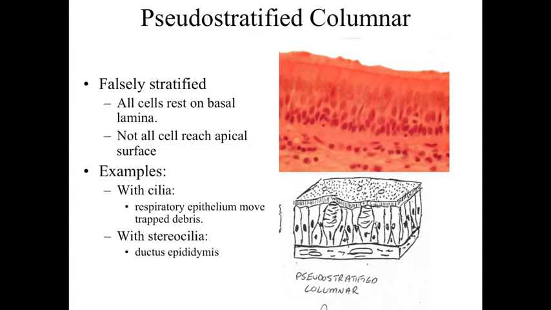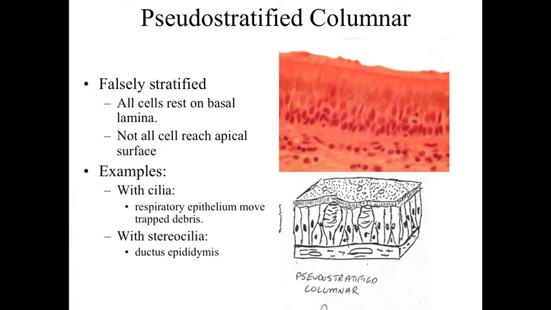The next one we're going to look at is the pseudostratified columnar epithelia. So if we think about it, pseudostratified, falsely stratified, what that means is all of the cells are sitting upon the basal lamina, but not all the cells reach the apical surface. So the cells that are short and don't reach the apical surface, their nuclei are trapped down towards the basal portion of the epithelia.